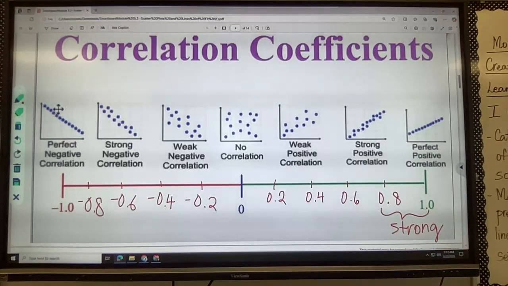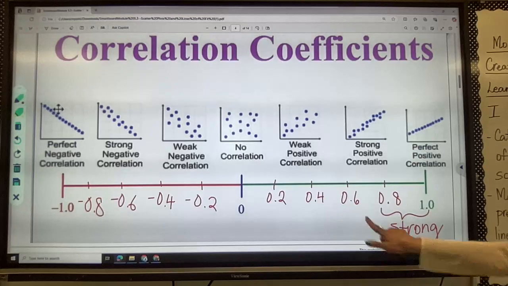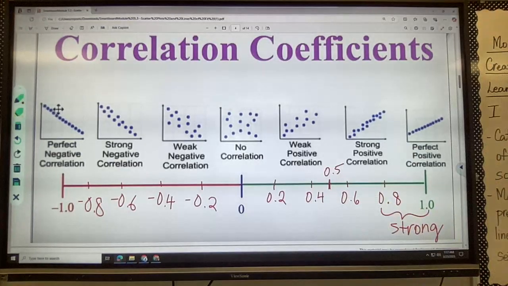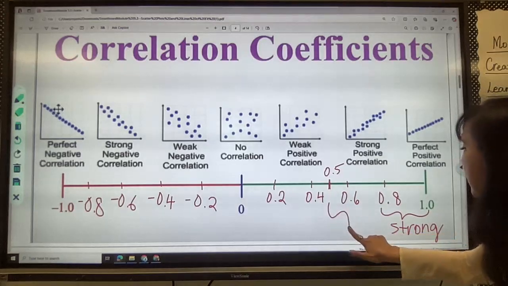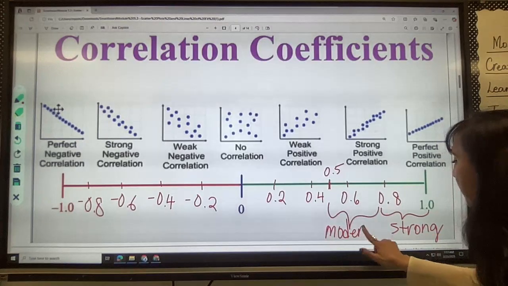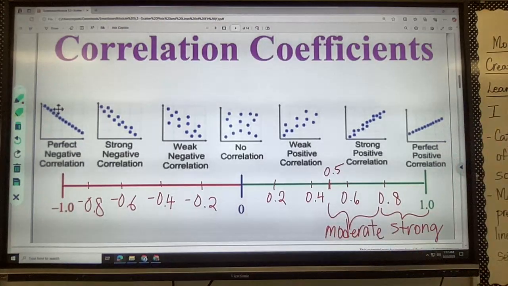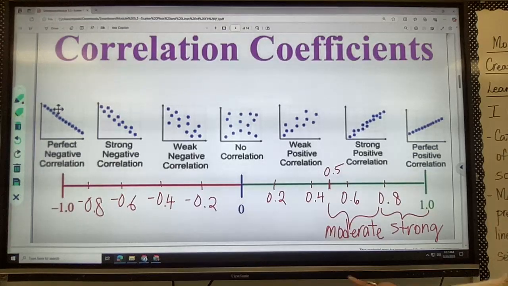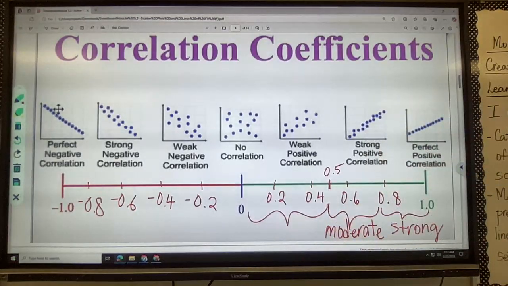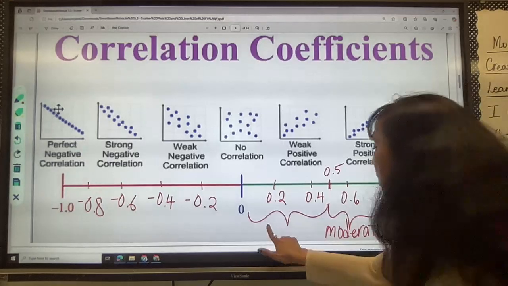Moderate is when it falls between 5/10 and 8/10. And if it falls below 5/10, this is a weak correlation.